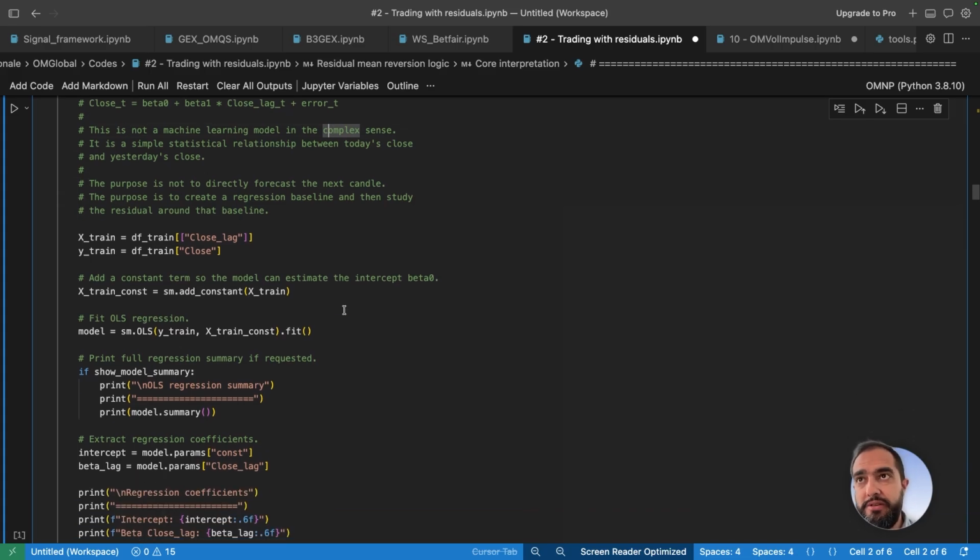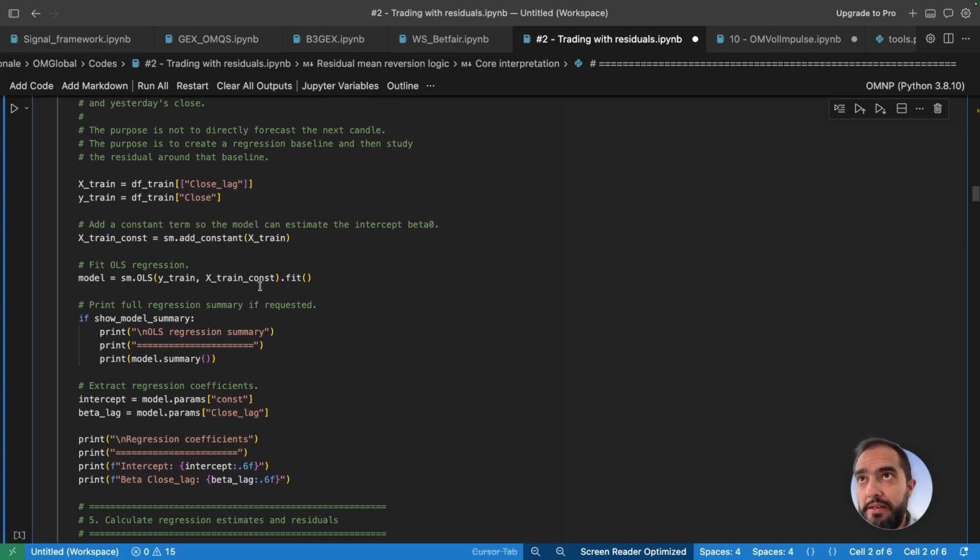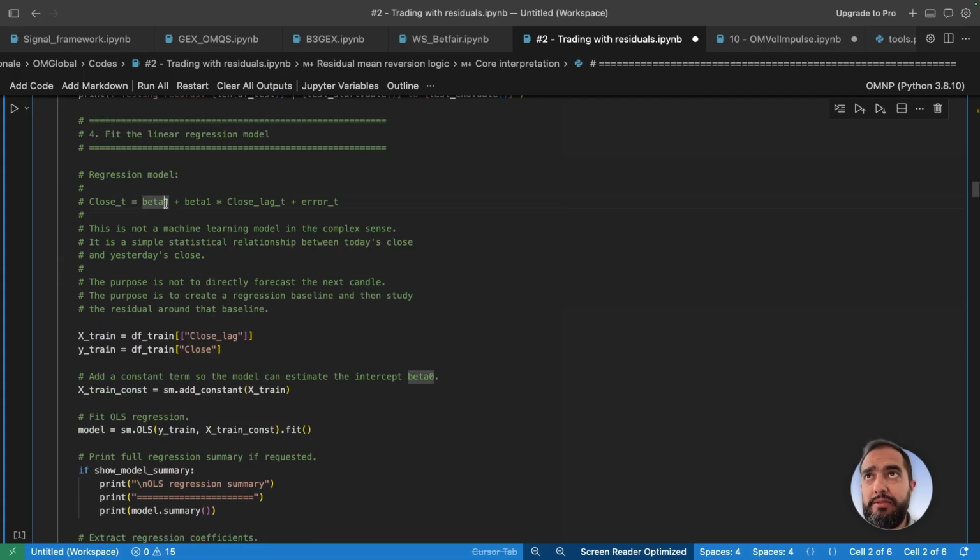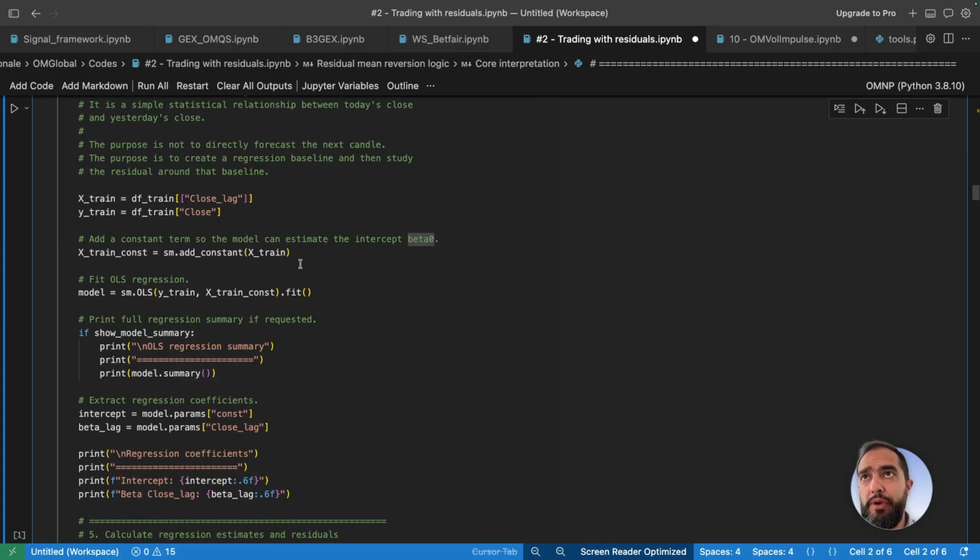To fit the linear regression with the statsmodels library from Python, you must add the constant term so the model can estimate the beta 0, which is the intercept of the regression.